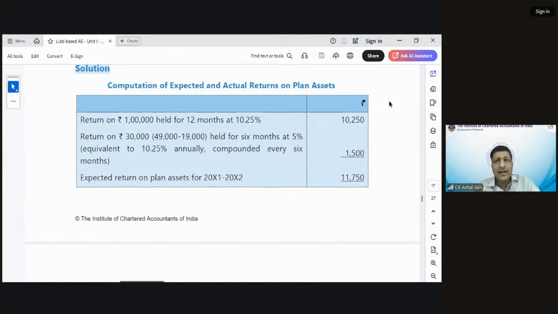So what is the net amount they have added to this fund? 30,000. Clear on this, Neeraj? Yes sir. 1,500 is also clear. I think this is how expected return is computed. Now clear? Yes sir. Thank you, sir.